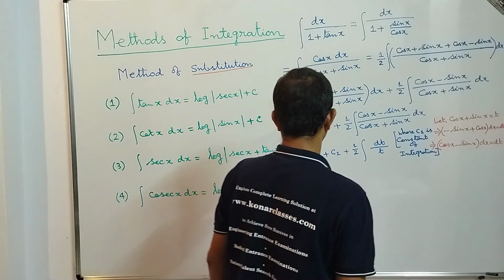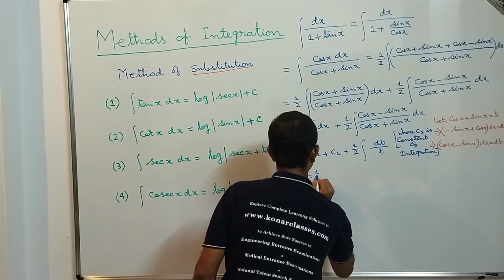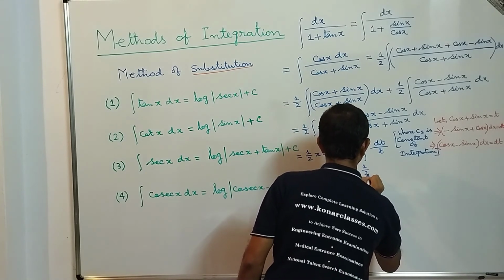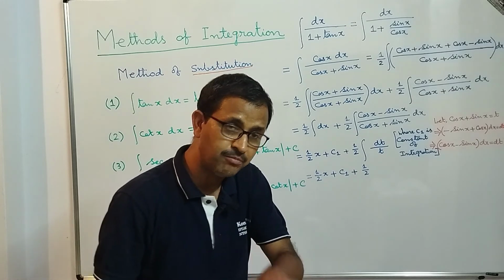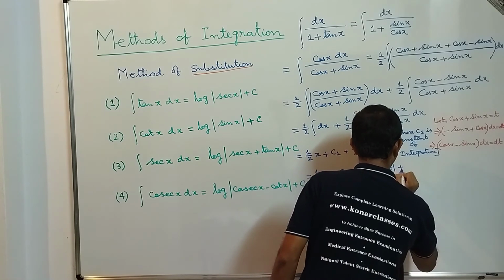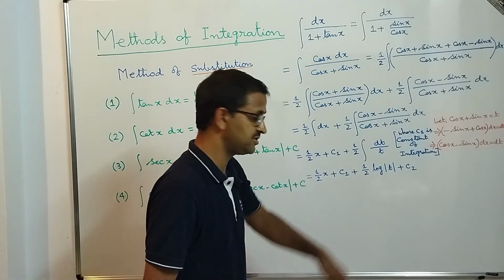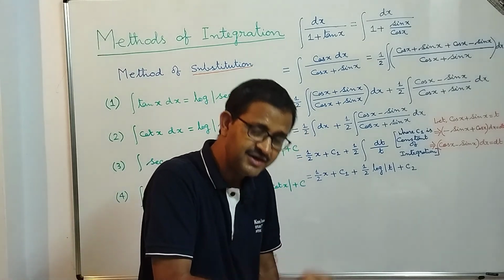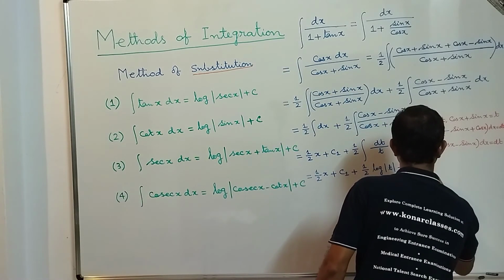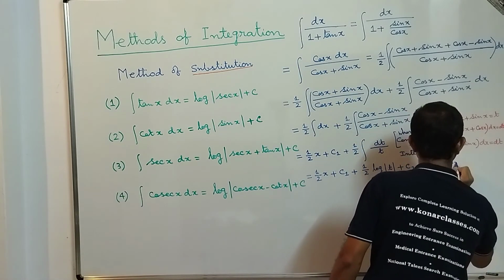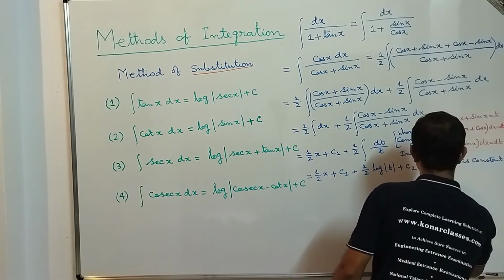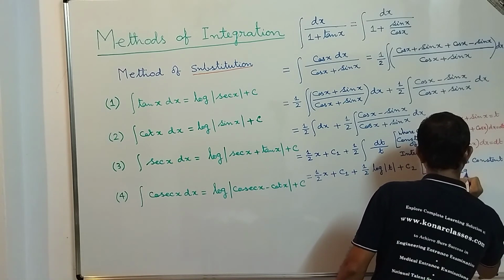So this is equal to 1 by 2 into x plus c1 plus 1 by 2 integration dt by t, that is log of mod t, plus another integrating constant c2, because of this integration. The moment we complete one indefinite integration, we need to add one integrating constant, where c2 is the constant of integration.